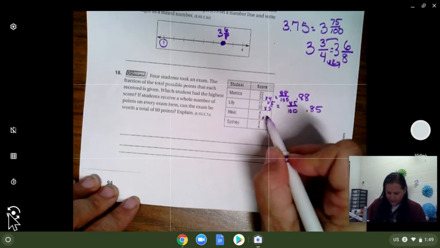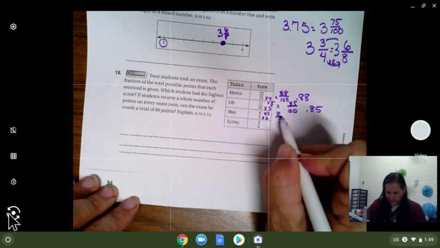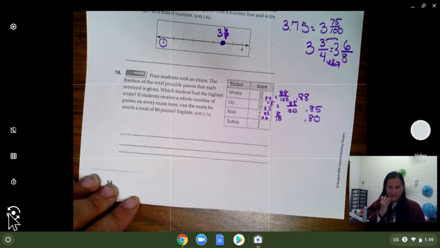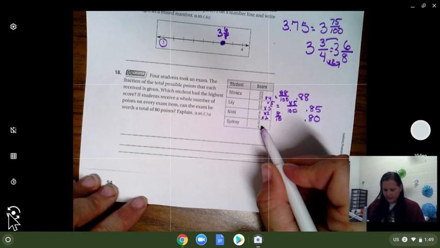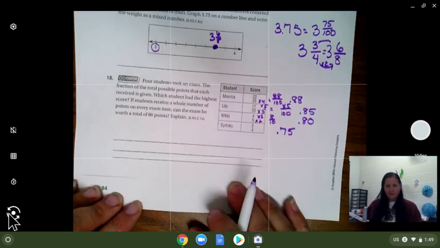This one I can turn into tenths by multiplying by 2. So I'd get 8 tenths, and that would be 0.8, or 80 hundredths. I can just add that 0 in, it's a placeholding 0. And 3/4 I know is 0.75. I just know that one because it's a benchmark.